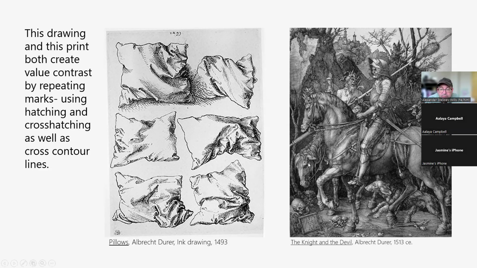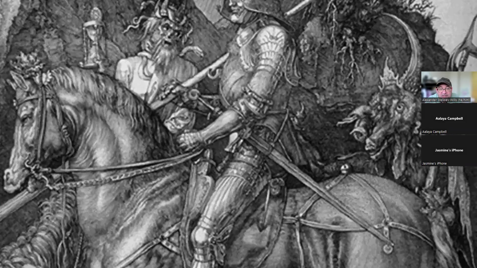But look at this print here. Every one of those values is built up, made out of lines. It doesn't look it. It looks like tone, but it is actually entirely made out of lines, and I will prove it to you. When we zoom in, it's still a little hard, partially because this version of the image is a bit fuzzy and we don't get the crisp clarity.